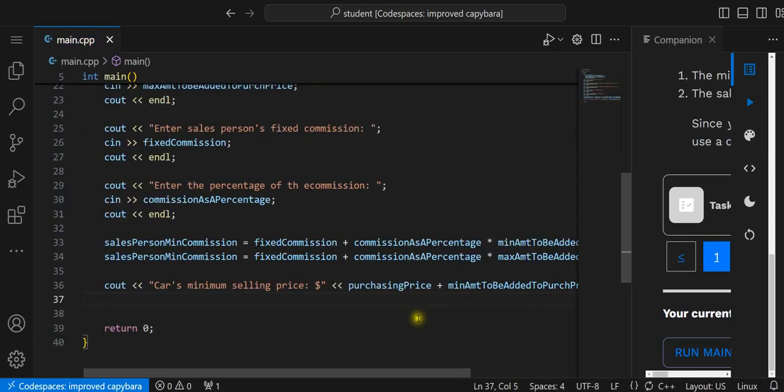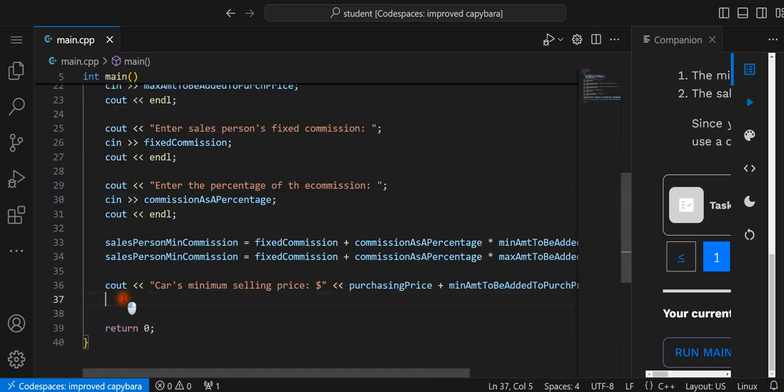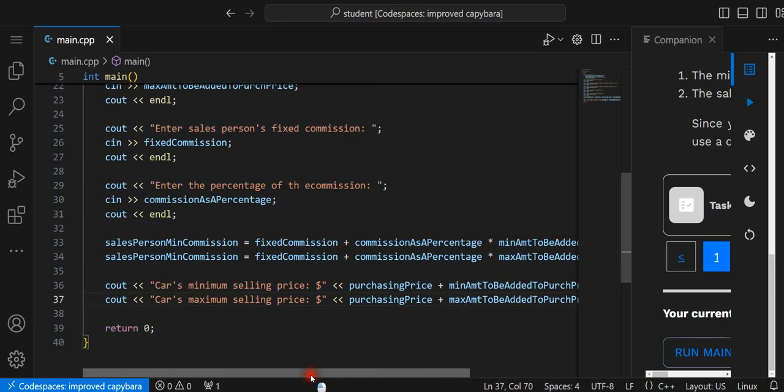Same thing, we're going to copy and paste this because we have minimal things to change. Control V, let's change this to maximum. Car's maximum selling price versus max amount. So change this to max. And everything else is the same.